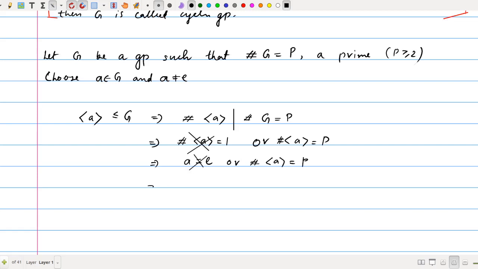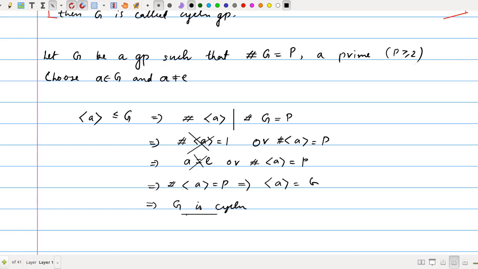Since this is not possible, the cardinality of the cyclic subgroup generated by A is equal to P. So the subgroup contains exactly the same number of elements as G, therefore that subgroup itself equals G, which shows that G is cyclic.